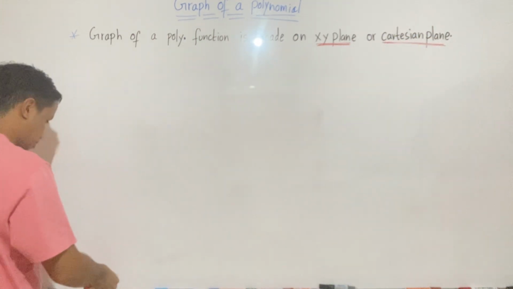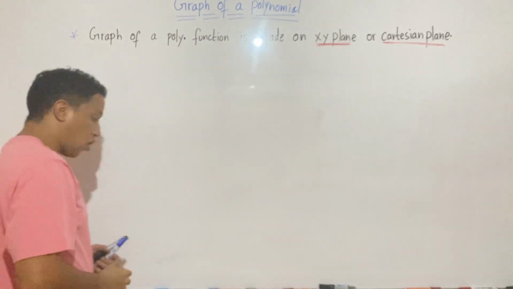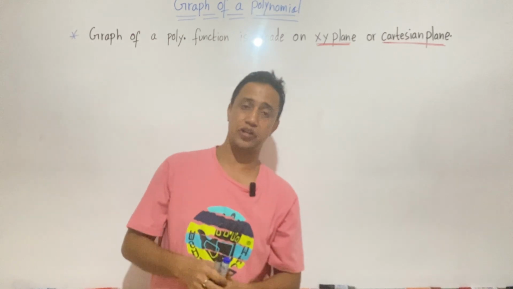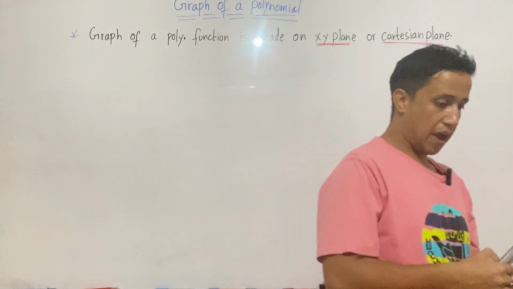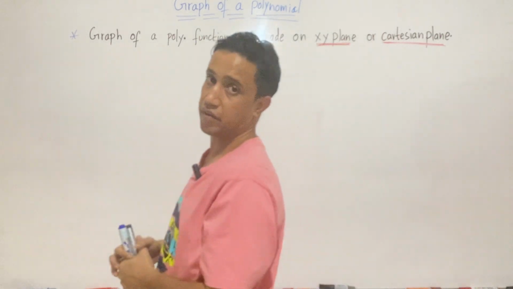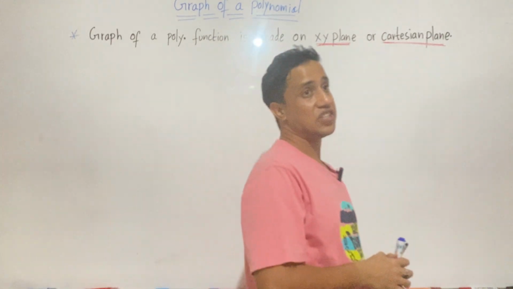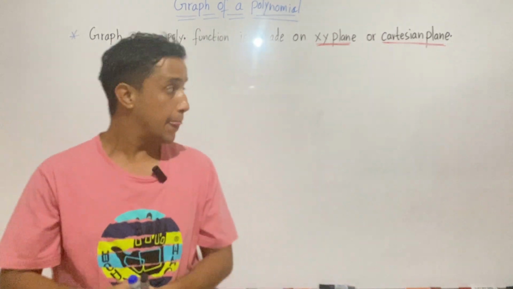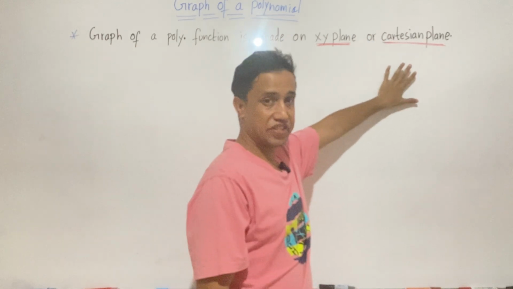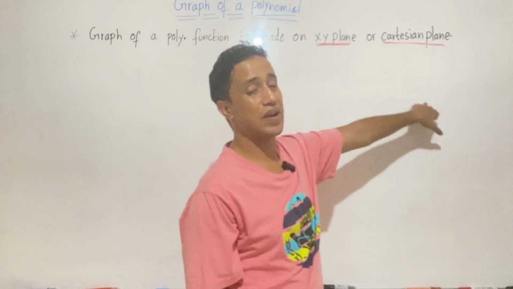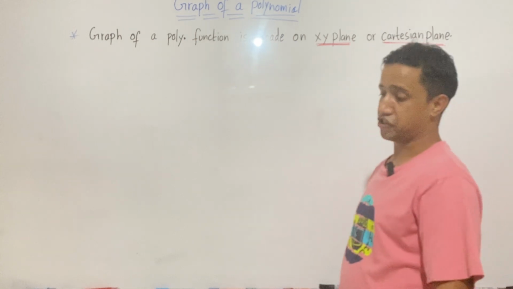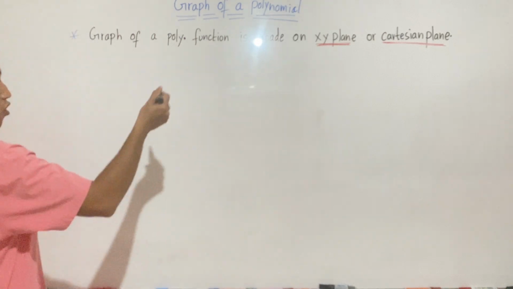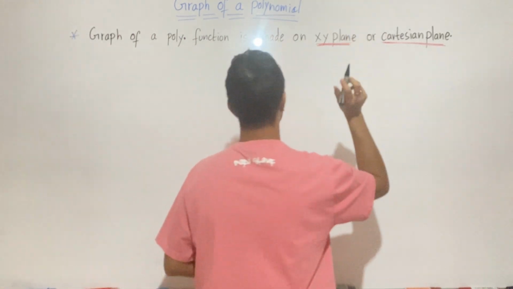Now, why is it called the Cartesian plane? Because it is named after a famous French mathematician, René Descartes. He's also known as the father of coordinate geometry. So the reason this plane is known as the Cartesian plane is that it is named after René Descartes.